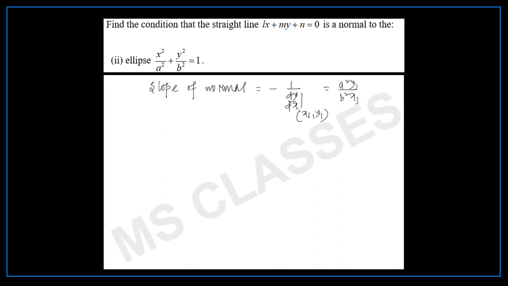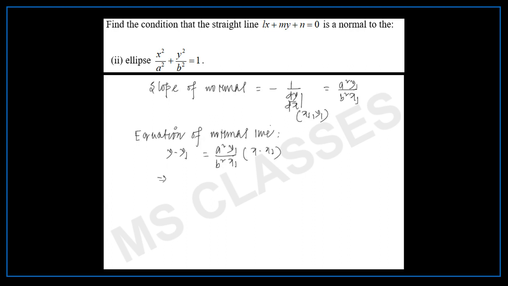Once we have got the slope, we can find the equation of the normal. So the equation of the normal line will be y minus y1 equal to slope into x minus x1.